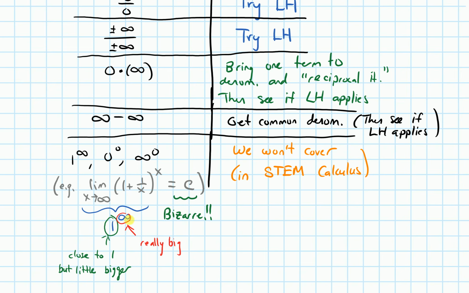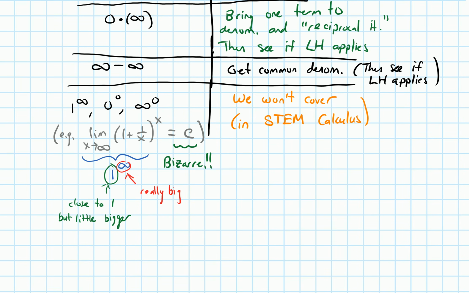Like in general, if you have an infinity in the exponent, and this base is something like 2, or something like 5, something bigger than 1, the whole thing is going to be really big. So it is unclear which of these forces dominates, either this exponent getting really big, or the base getting really close to 1. So it's indeterminate.